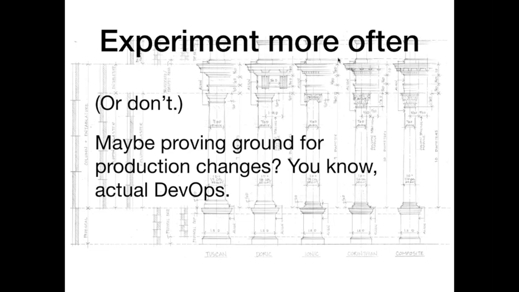Experiment more often, give us more money, but maybe you don't want to. In our browser automation environment, we tend to have a very specific charter for what we should be doing, which is testing the application. So is there room for experimentation in your automation environments?